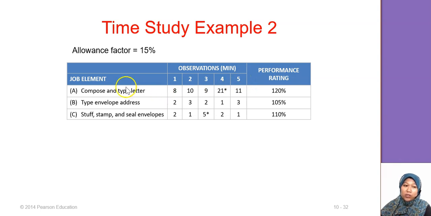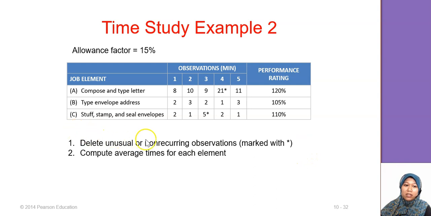So when you get this set of data, first you need to delete unusual or non-recurring observations, meaning very abnormal timings. For example, 8, 10, 9, and suddenly there's 21. What happened? Maybe there's some disturbance, maybe somebody called the person, or the person needed to go for a toilet break and so on.